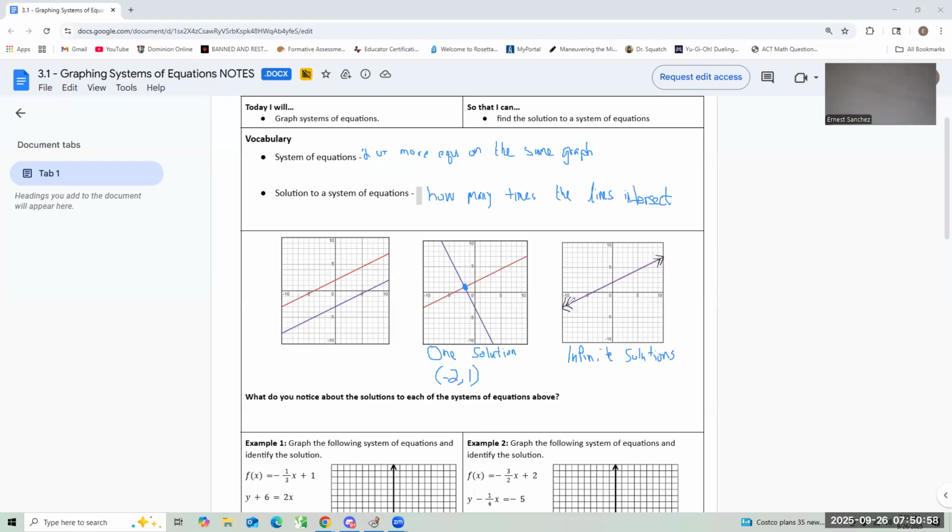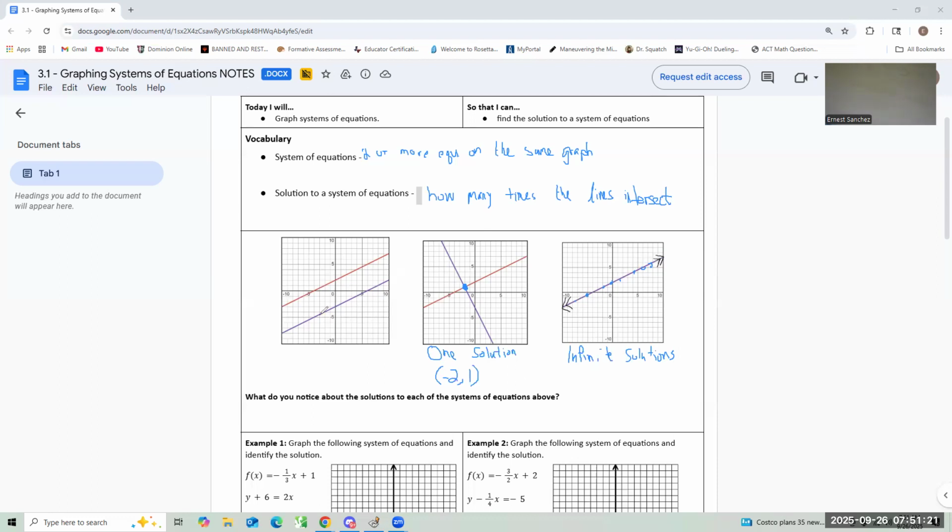If we have these two lines here, they would touch at this point because they're overlapping, and at this point, and at this point. Pretty much they would touch at every single point. So because of that, it's infinite, because it's never ending.